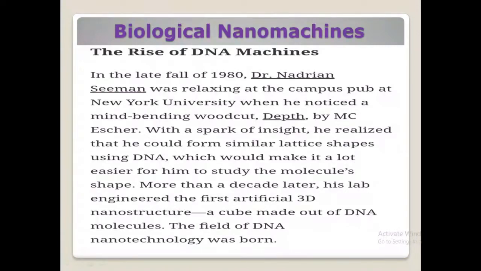With a spark of insight, he realized that he could form similar lattice shapes using DNA. In a small piece of wood, he found a particular shape, and he suddenly got the idea: why can't we produce that kind of crystal lattice-like structure using a DNA molecule? That would make it a lot easier for him to study the molecule's shape.